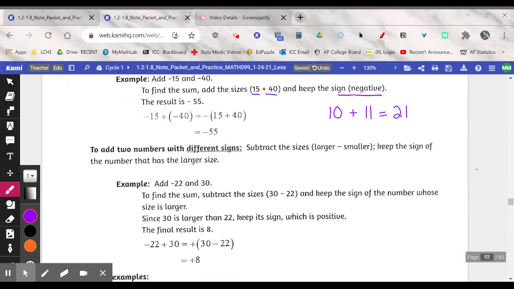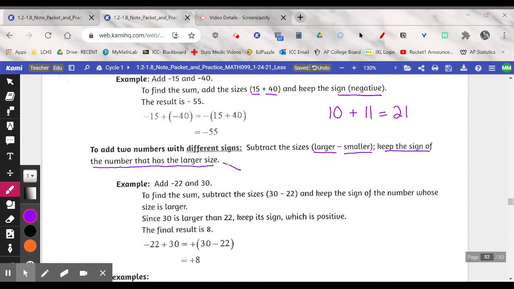So to add two numbers with different signs, it's a little bit trickier. You're first going to take the number that's larger in terms of the size. So you're going to ignore the sign to begin with, and you're going to look at which number is larger and take away the smaller number. You're going to then keep the sign of the number that has the larger size.